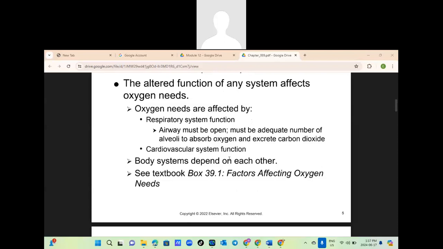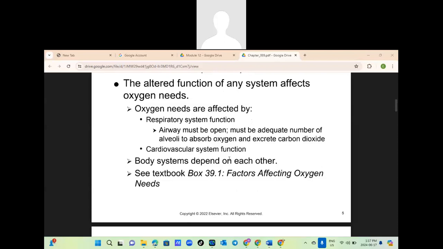If there's not enough blood in the lungs for gas exchange, then less carbon dioxide is excreted from the body, and less oxygen is absorbed. That's why when the person has CHF, the person has problems with breathing, because the heart cannot pump adequate blood for this gas exchange in the lungs.